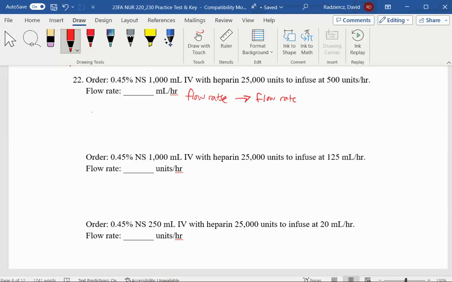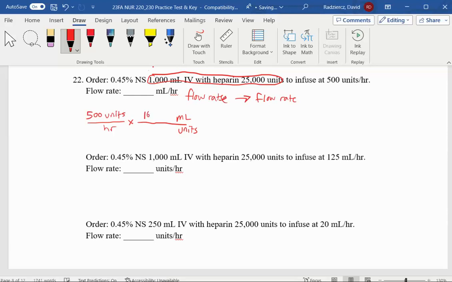What I would start off with is your flow rate, 500 units per hour. Then you want to convert units per hour to milliliters per hour, and you're going to do that using your given IV. You have a 1,000 milliliter IV with 25,000 units of heparin, and that's the information you want to use for your calculation.